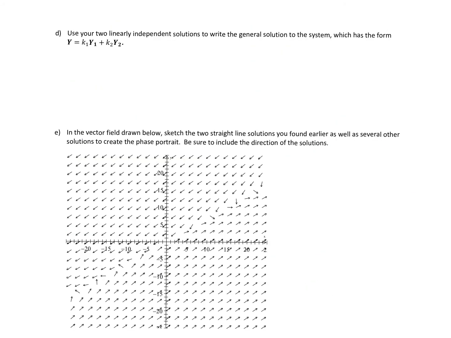To write the general solution, we just take a linear combination of the two solutions we have found so far. So we have y equals k1 times y1, which is e to the negative 3t times 1, 1, plus k2 times e to the 2t times 11, 6.